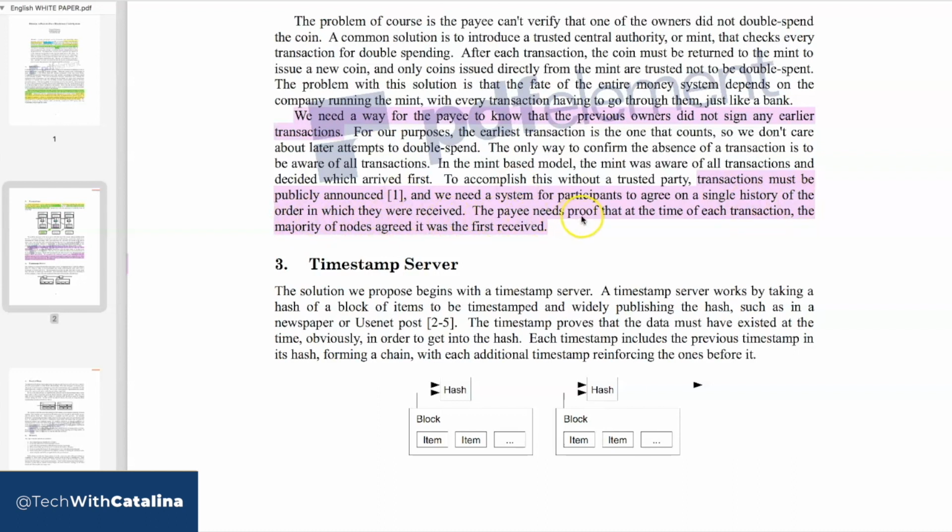The payee needs to prove that at the time of each transaction, the majority of the nodes agree it was the first received. Basically here what Satoshi is saying is something that I mentioned before about the consensus mechanism. So all the nodes need to agree on what has already happened before in the system, about the history of the system, and they need to follow certain rules as well.